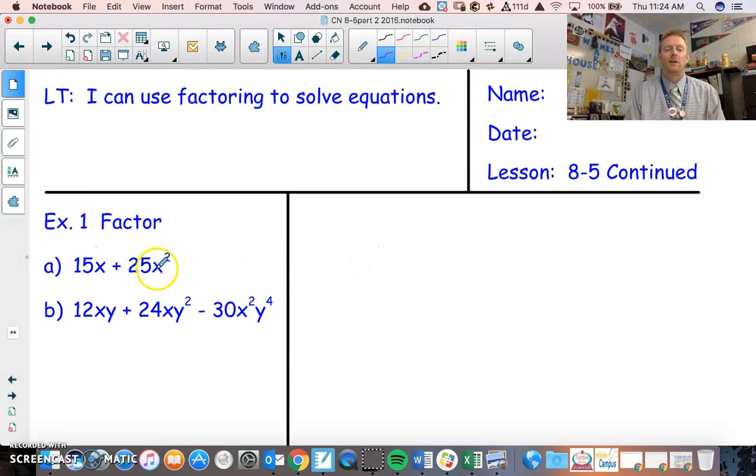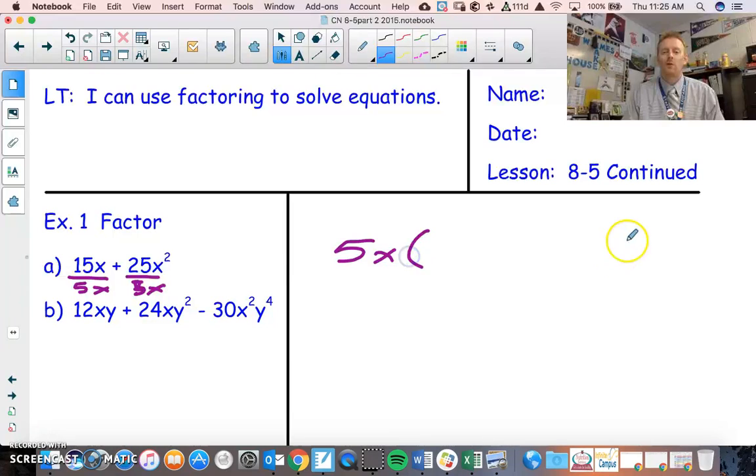So if we look at 15x and 25x squared, the largest number we can take out of both of them, which means to divide out, would be a 5 and an x. So when we divide 15x by 5x, and divide 25x squared by 5x, we're left over with items.